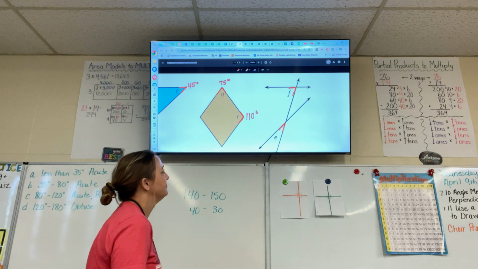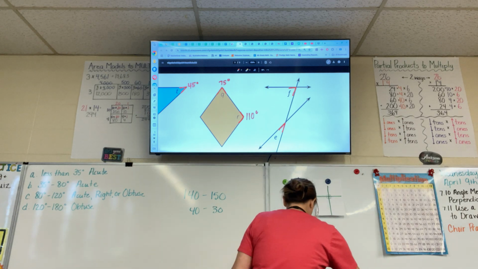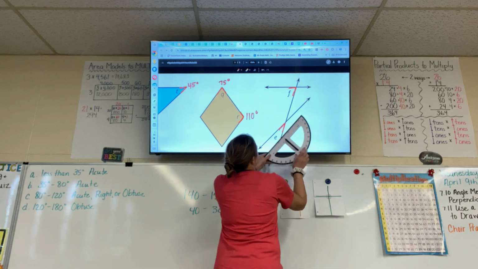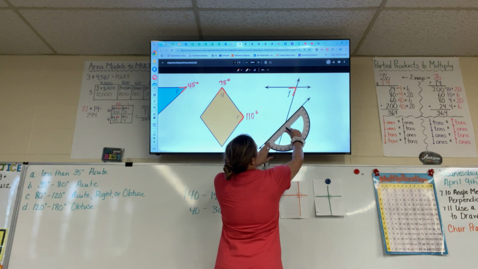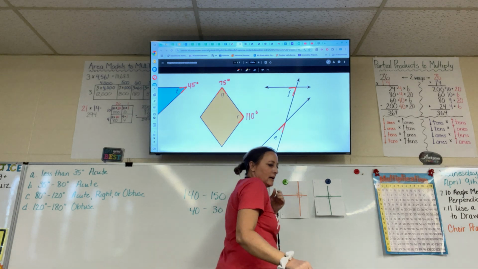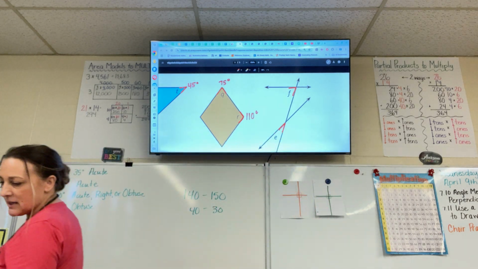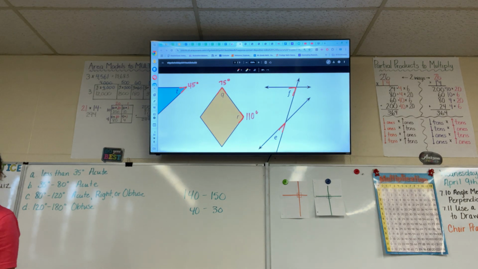That's a little angle. Okay, so here we go. Angle E. And I'll line it up with the vertex point and the line, and it is pointing at what? You guys measure it and see. What do you think E is? Get your protractor and measure angle E.